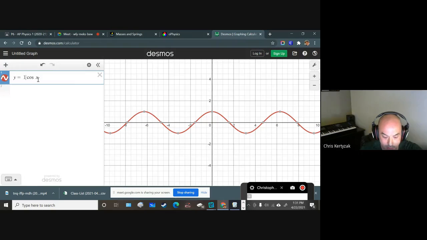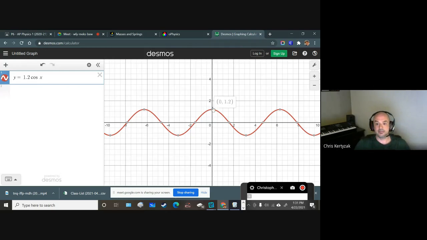All right, well, then just make this 1.2, right? Now the maximum value is 1.2 and the minimum will be negative 1.2. Right? So this coefficient, known as the amplitude, is a full control on that full swing from one side to the other side. Or really, it's more specifically a numerical value that you use to control the displacement from equilibrium, which is called the amplitude.